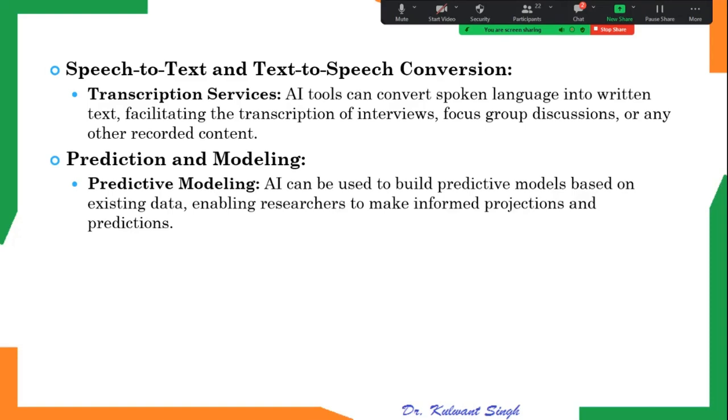Then prediction and modeling. The AI tools are helpful to build predictive models on the basis of the outcome data or the existing data. Predictive modeling enables the researcher to make informed projections and predictions. There are particular areas where prediction is important.